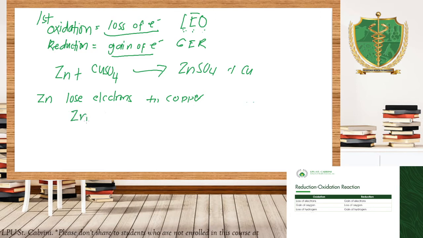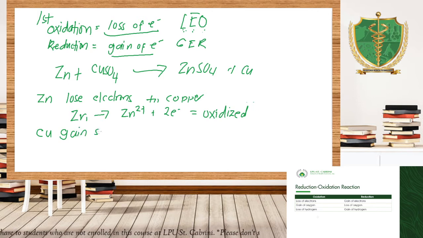Zinc will lose electrons, so that will be zinc. Therefore, zinc is oxidized. So, bakit oxidized? Loss of electrons, oxidized.